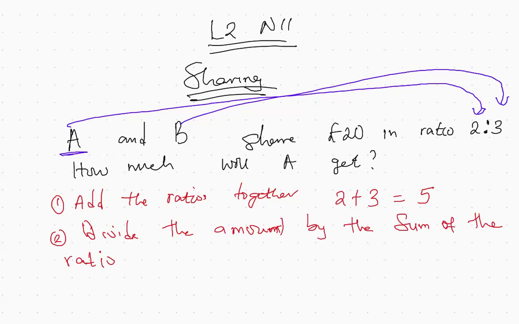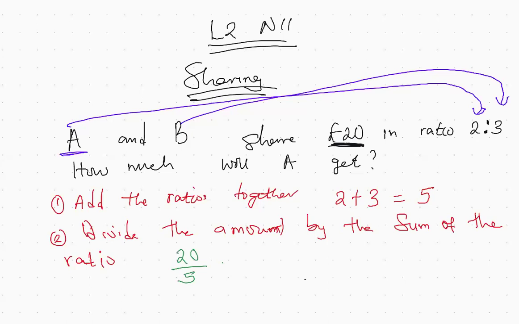The amount is 20 pounds. Divide by what? By the sum of the ratio. The sum of the ratio is 2 plus 3, which gives you 5. Then 20 divided by 5 gives you 4.